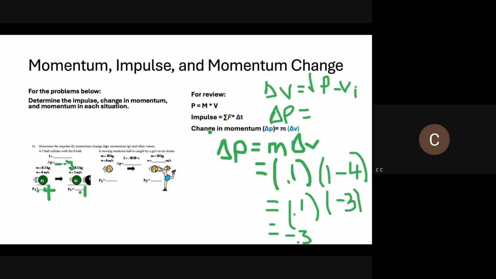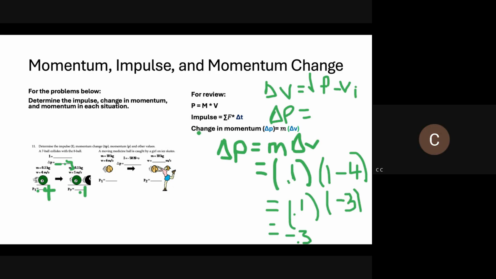Take a wild guess. Let's not think about velocity, because we're talking about what quantity? Momentum. So change of velocity is equal to the final velocity minus the initial velocity. What would you think the change in momentum will also be equal to?